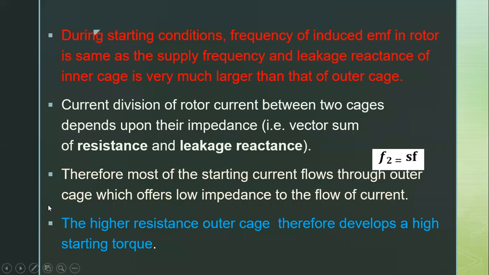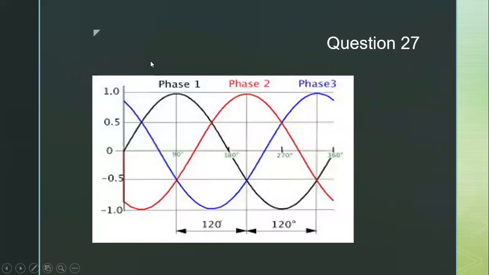Okay, so in a motor with three-phase winding, there is phase one, phase two and phase three.